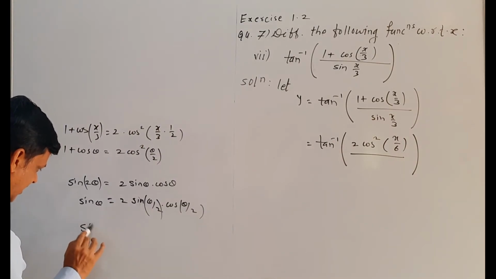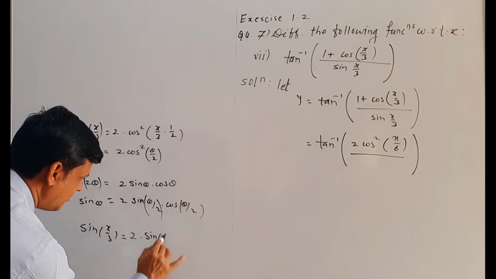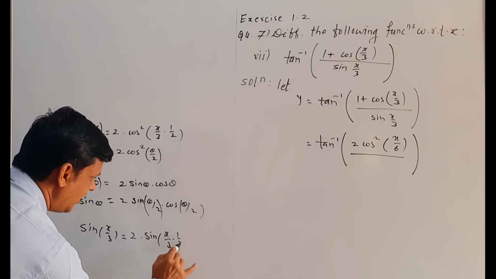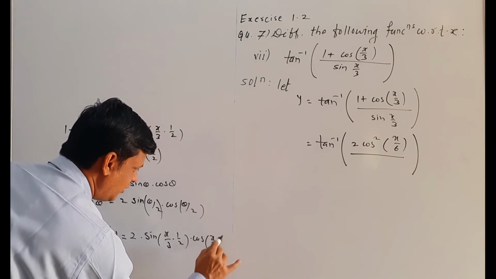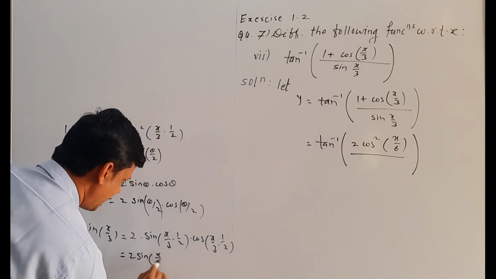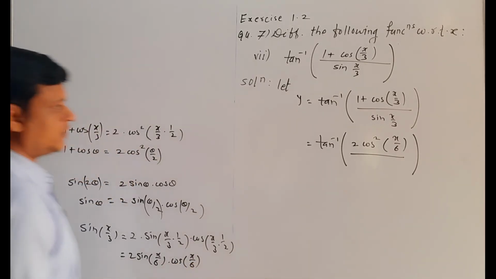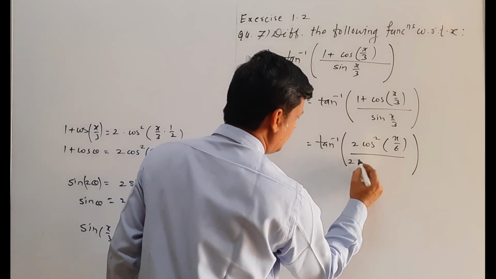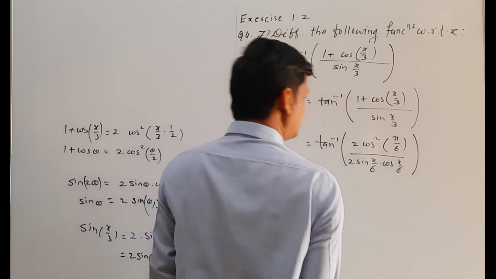So we write here in place of theta x by 3. So 2 into sin x by 3 into 1 by 2 into cos x by 3 into 1 by 2, that is equal to 2 sin x by 6 into cos x by 6. So write this denominator as 2 sin x by 6 into cos x by 6.